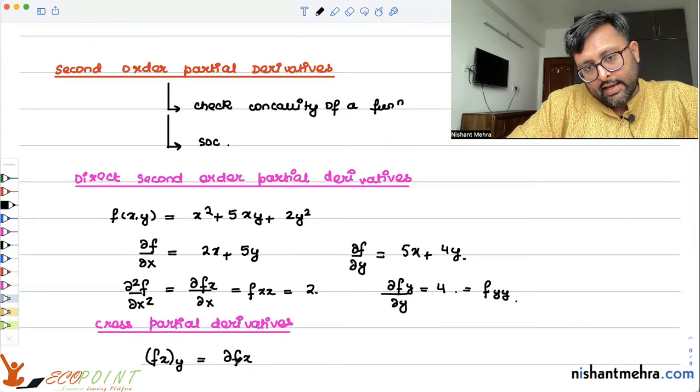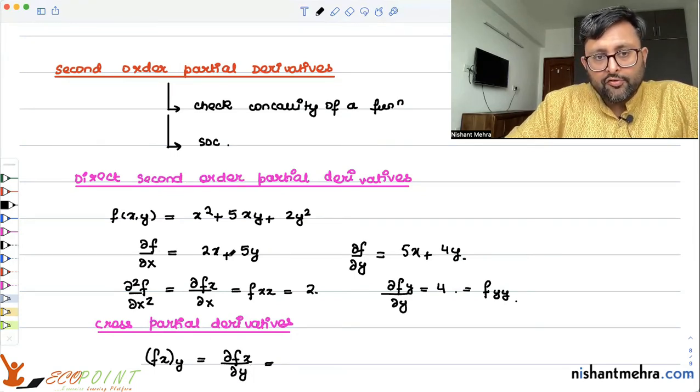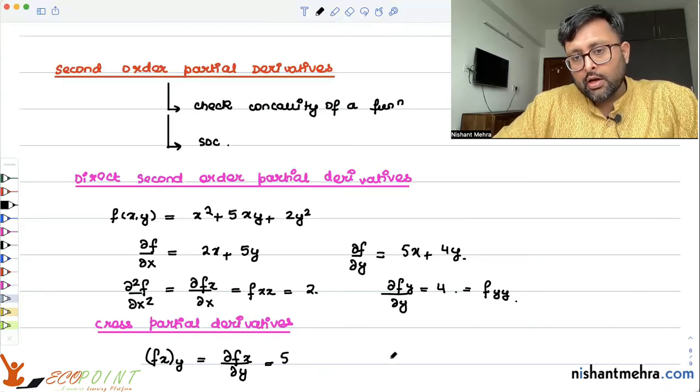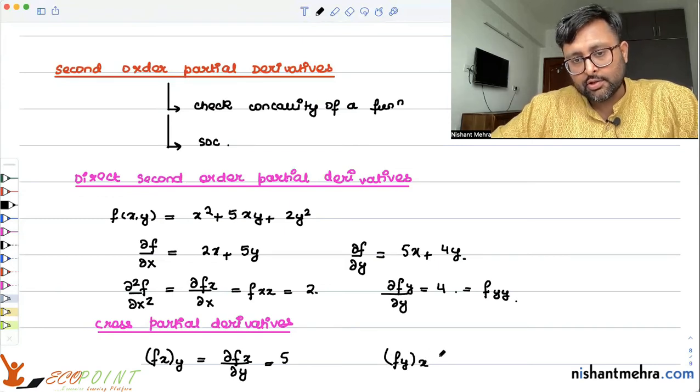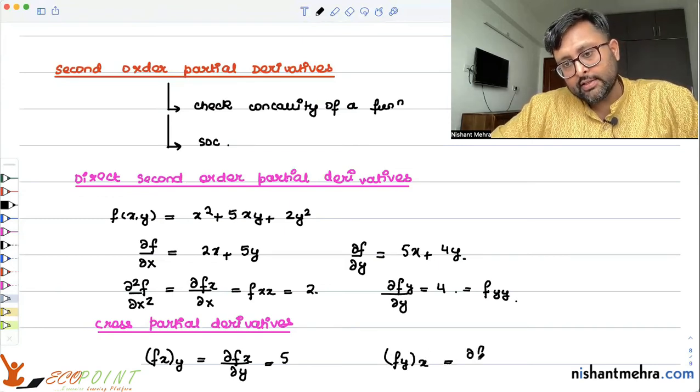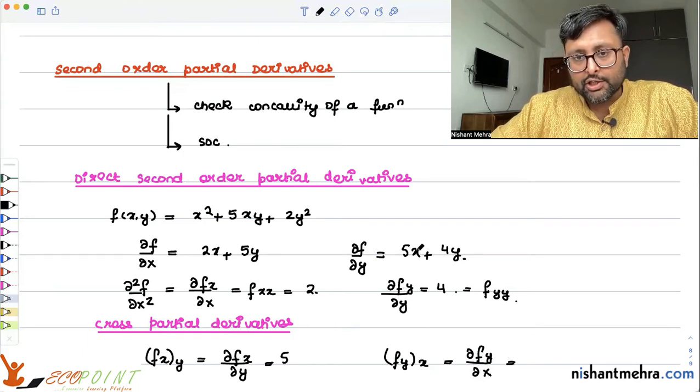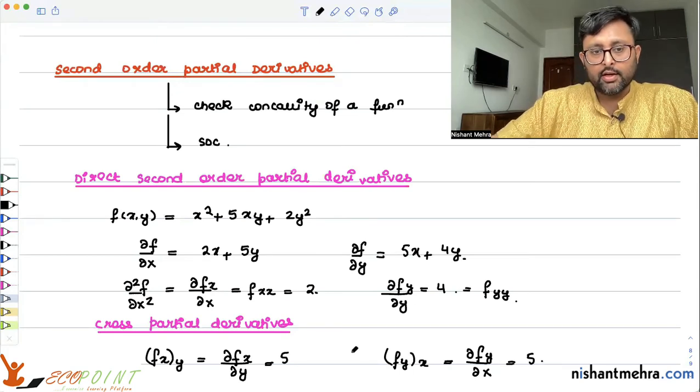That is del fx by del y. So you differentiate the partial derivative of f with respect to x with respect to y, and this comes out to be 5. Or how the partial derivative of y is changing as x is changing. That is del fy by del x. That is how the partial derivative of y, 5x plus 4y, is changing as x is changing. That is 5.